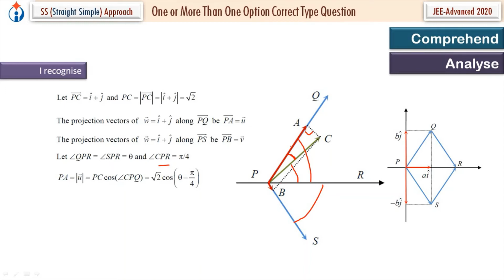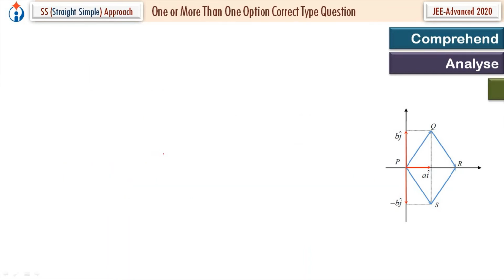So it is root 2, the length of PC, times cos of theta minus pi by 4. Similarly, PB, which is the magnitude of vector V, is PC cos of angle CPS, which is root 2 cos of theta plus pi by 4. So we have recognized all these values and now we execute.